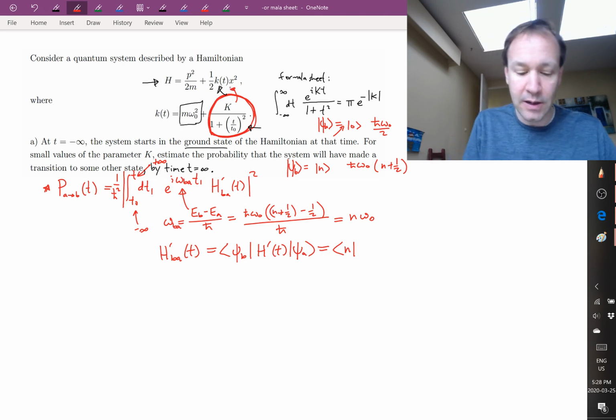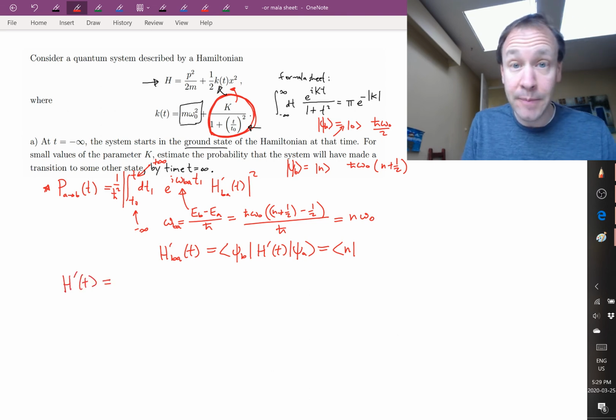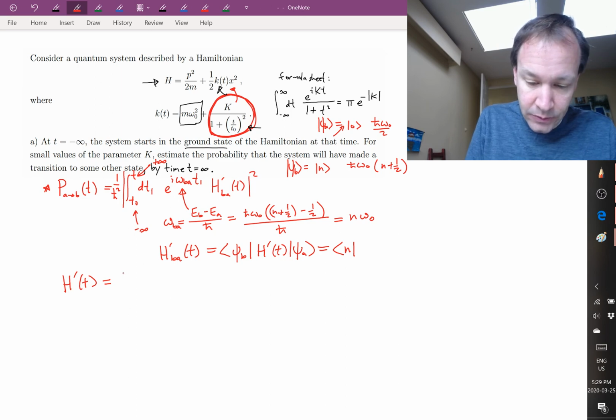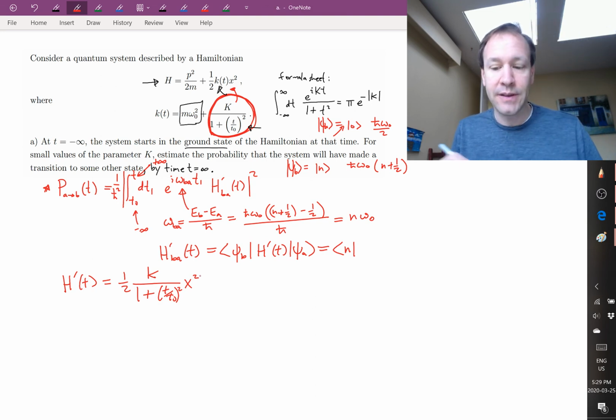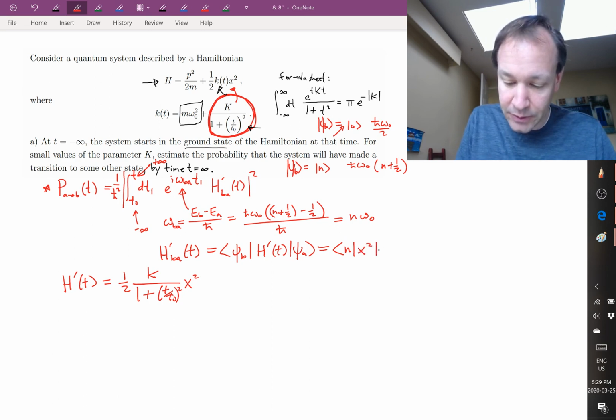So our h prime of t, the time-dependent term, is 1/2 times this constant k over 1 plus t over t0 squared, times the x squared operator. That's what we want to put into our matrix element, and the only operator there is x squared. So I'll put that in there, n x squared 0, and then we multiply the whole thing by 1/2 k over 1 plus t over t0 squared.